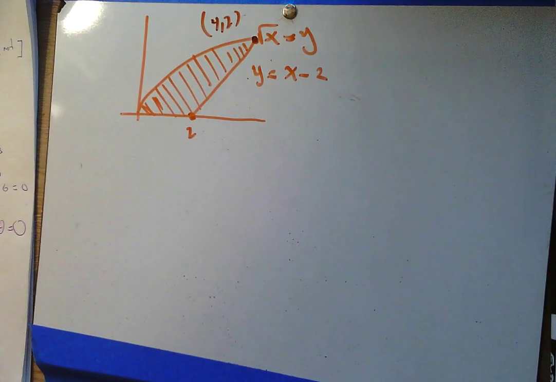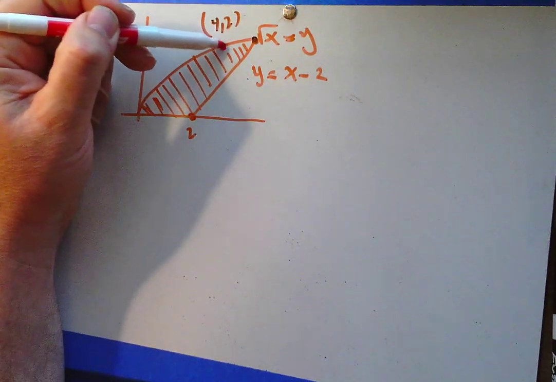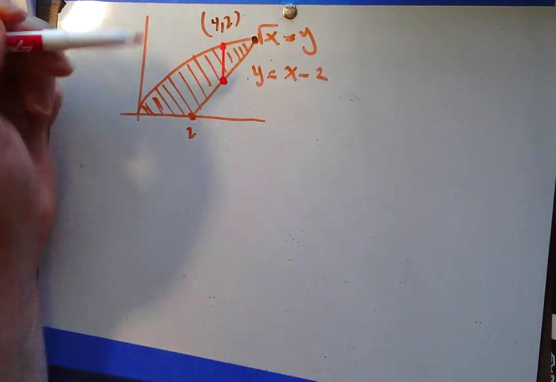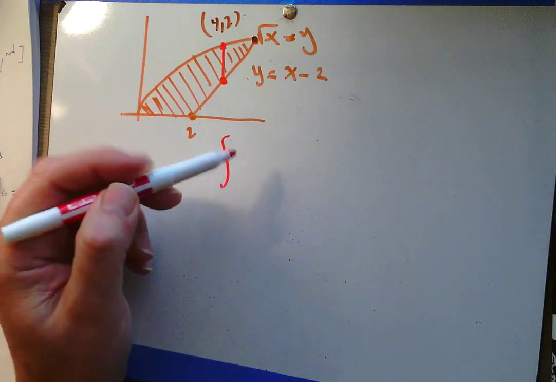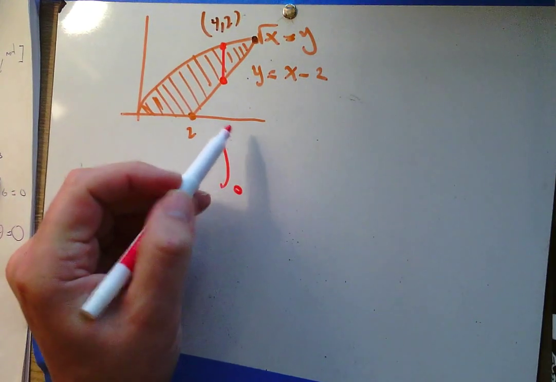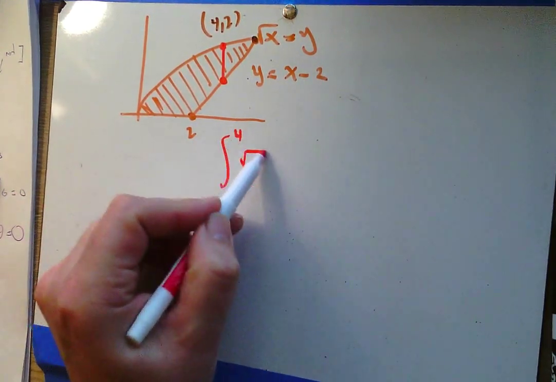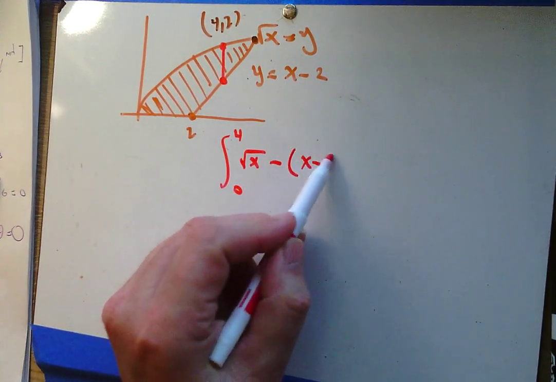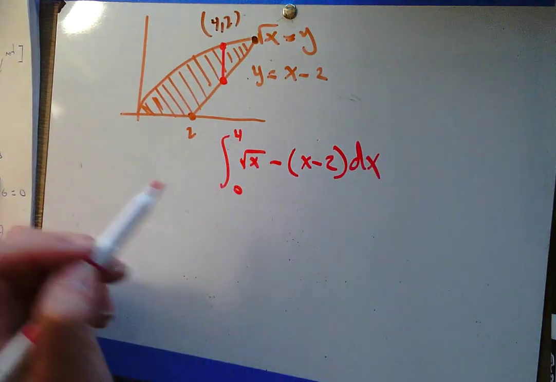We can't use top minus bottom without breaking this up. Because look, over here, this curve is top and this curve is bottom. And so we're tempted to say something like the integral from 0 to 4 of square root of x minus x minus 2 dx.